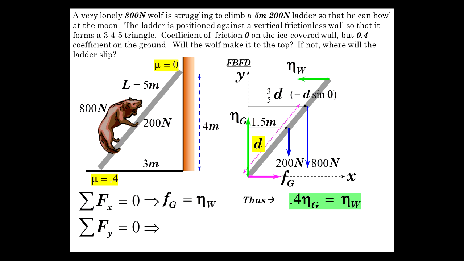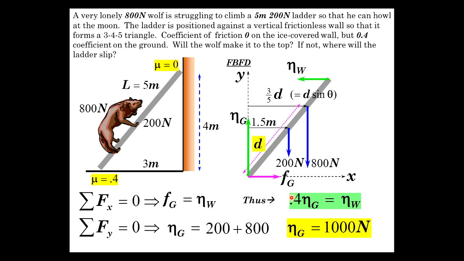Now we have another equation from the y forces being 0. So what's going on in the y? We have the normal force of the ground pushing up. That's exactly equal to the weight of the ladder and the weight of the wolf. So that's 1,000, and the normal force of the ground on the ladder is 1,000 newtons.